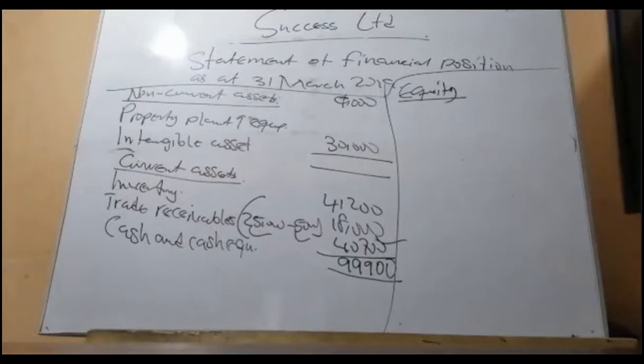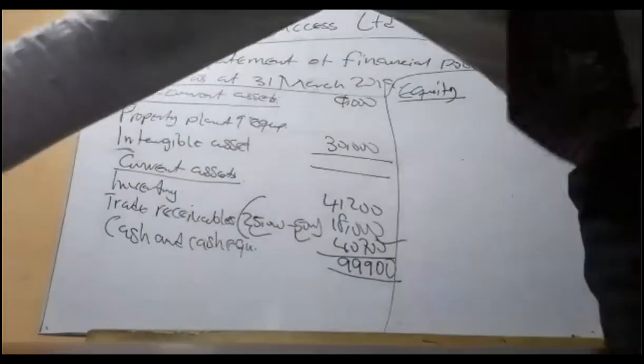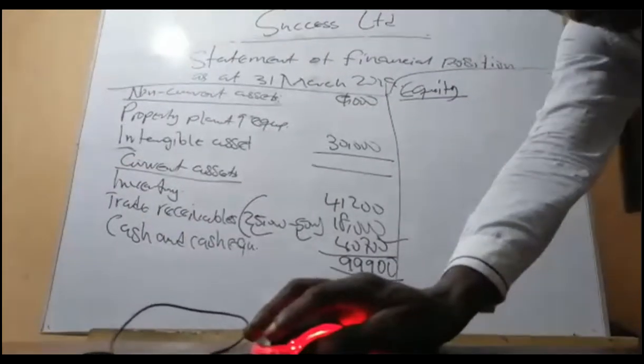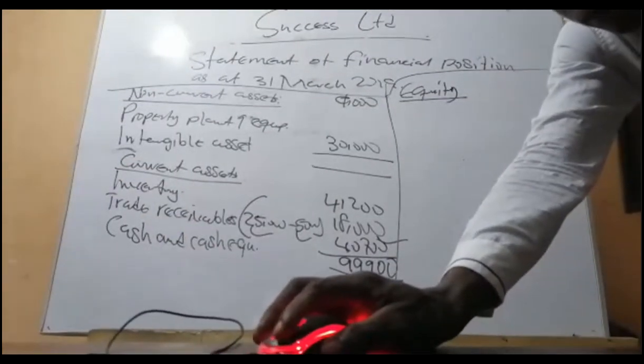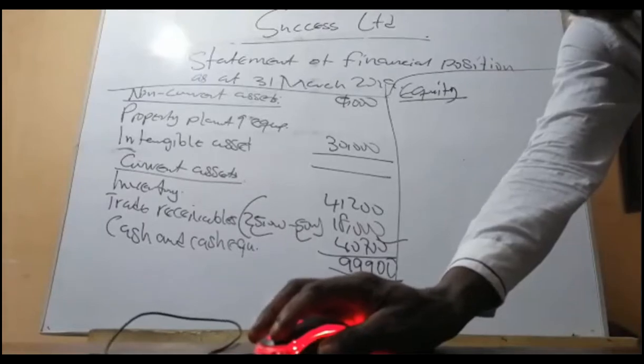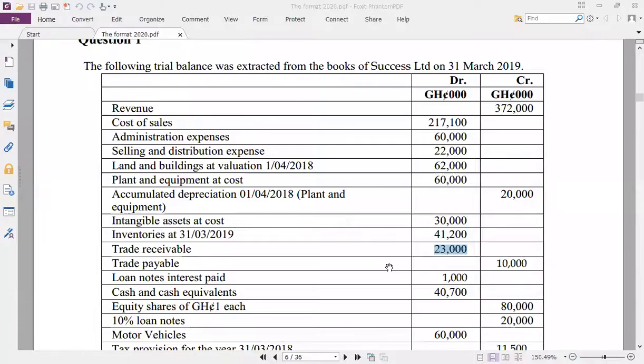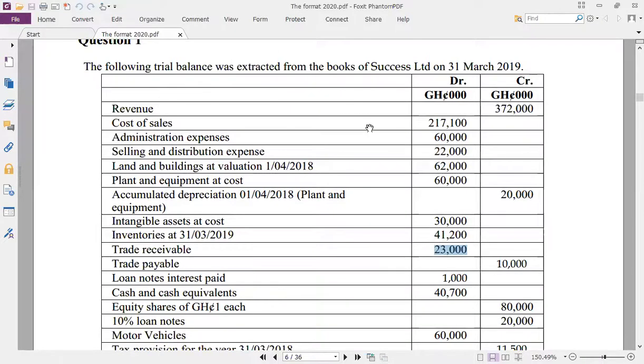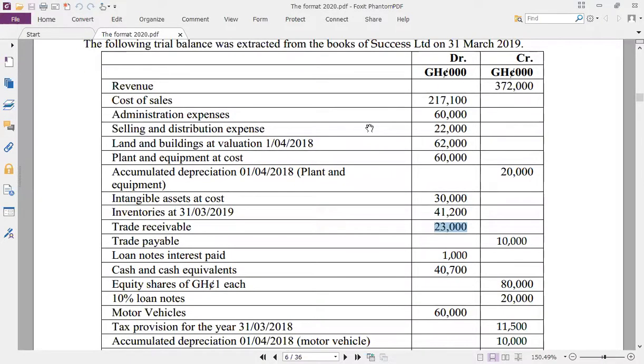In this question, let's see the question. Do we have ordinary shares or equity shares or preference shares or stated capital? The way the examiner stated it, we have to also state it.